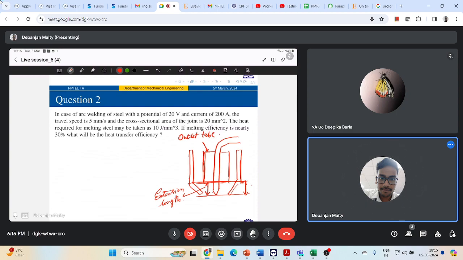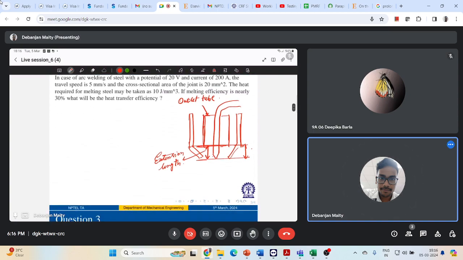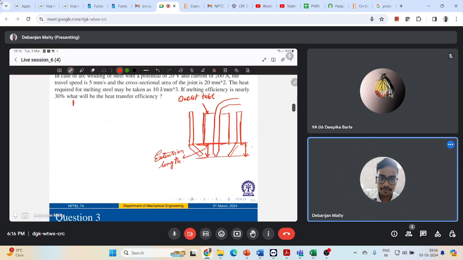Now, how do voltage and current affect my metal transfer? If you vary your voltage and current, you change your metal transfer rate also. So what will be the effect of current and voltage on metal transfer? Let me draw first.